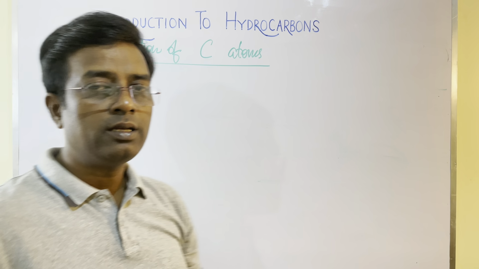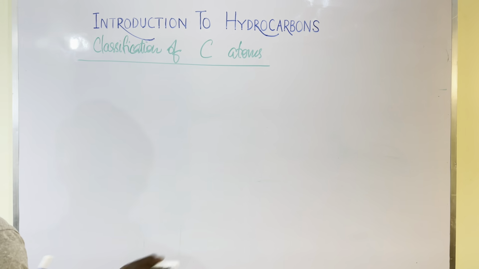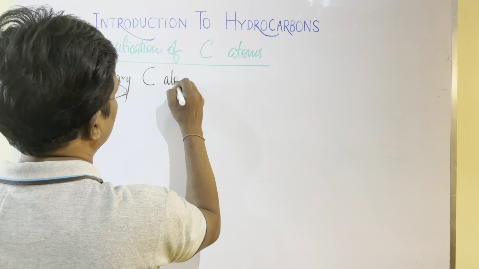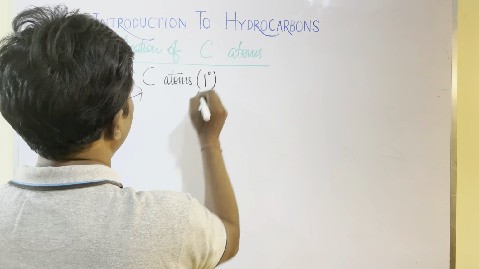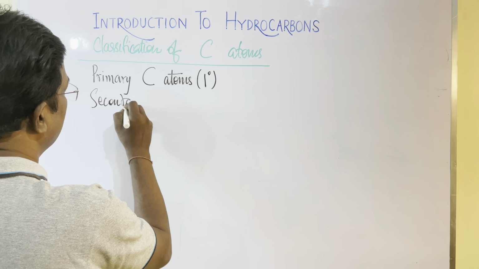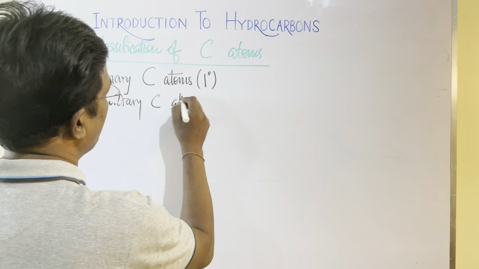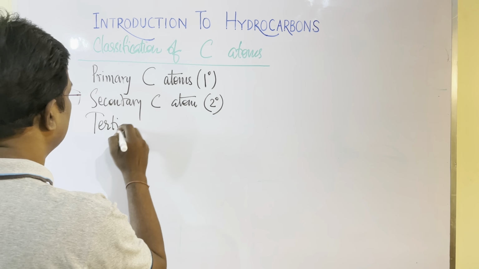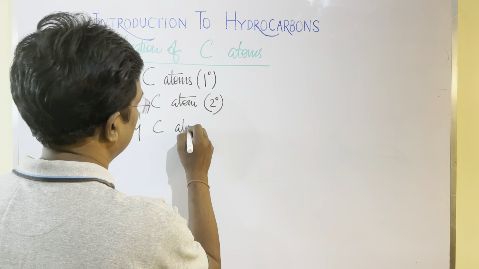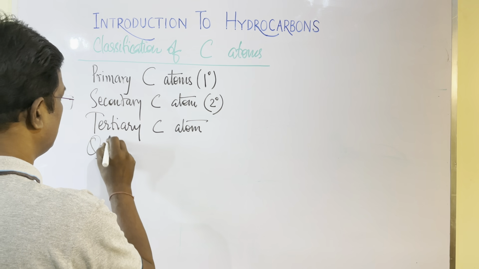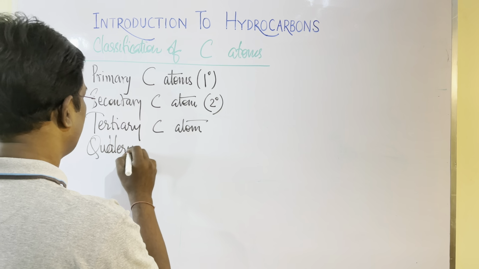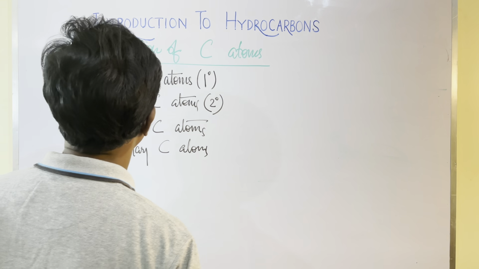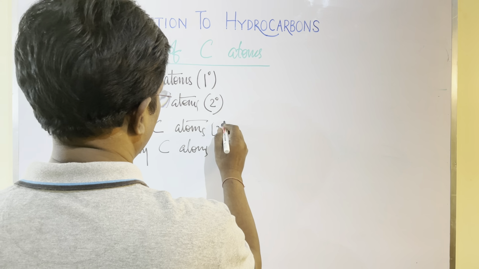Now the different types of carbon atoms present in alkanes are primary carbon atoms, you call it 1 degree also, secondary, similarly carbon atoms present in a carbon chain, tertiary, and quaternary carbon atom. Now this is 3 degree and this is 4.